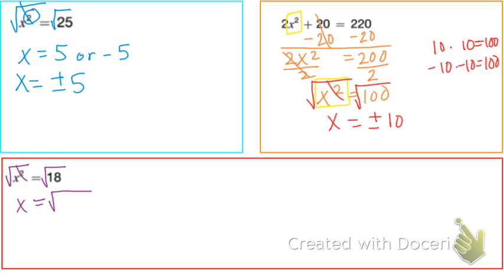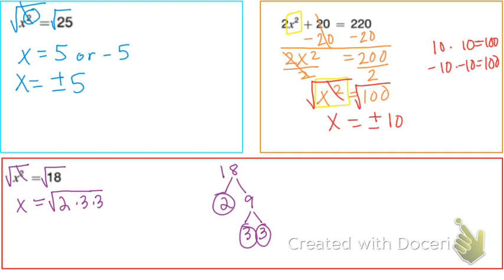What are the smallest numbers, those prime numbers that multiply together to give you 18? You can do one of those prime factorization trees if you want. 18 is the same as 2 times 9. 2's prime, but 9 is the same as 3 times 3. So 18 is 2 times 3 times 3.